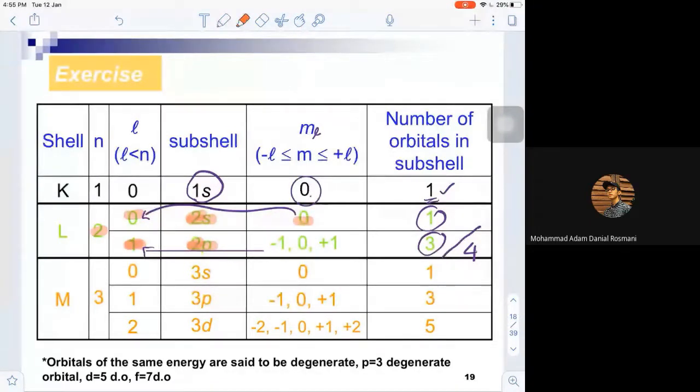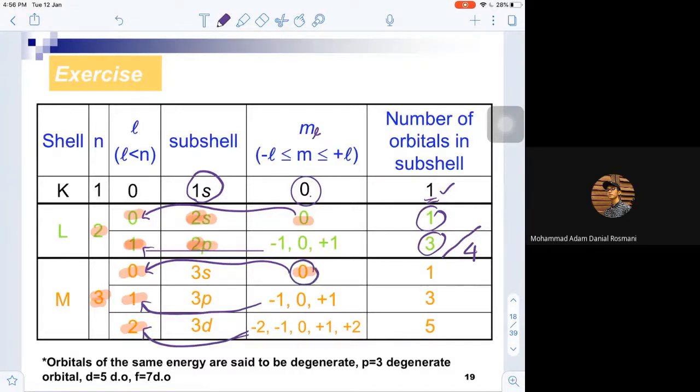If the principal quantum number is 3, the L values will be 0, 1, and 2. The ml value corresponds to its L. Since L is 0, the ml is only 0. Since L is 1, the ml will be negative 1, 0, and plus 1. And the ml values negative 2 until positive 2 correspond to L that is 2.